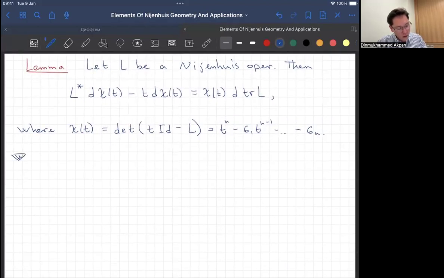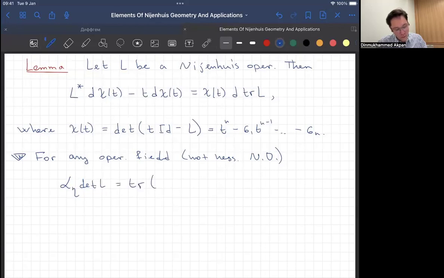So the first step, for any operator field, not necessarily Nijenhuis, we have the formula that for any vector field, the Lie derivative of the determinant of operator L can be found as the trace of the comatrix of L multiplied by the Lie derivative of L. The comatrix is related to the Laplace formula for finding the inverse matrix; it is some kind of half inverse matrix.